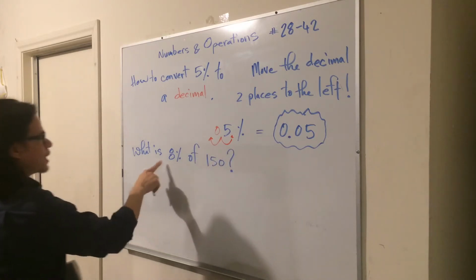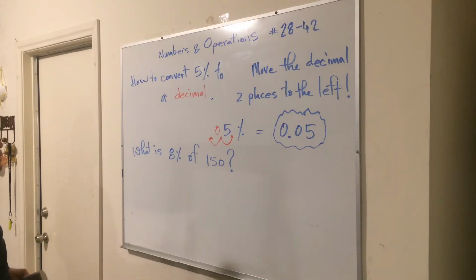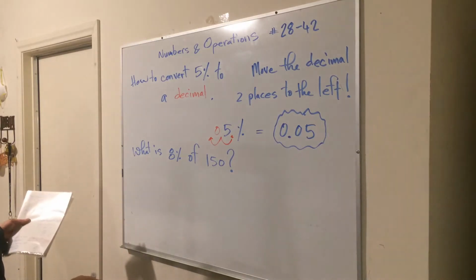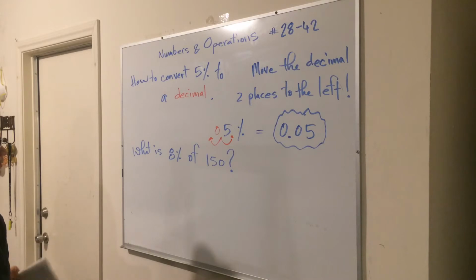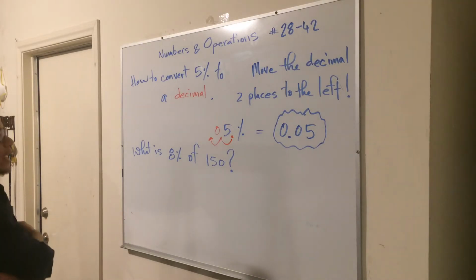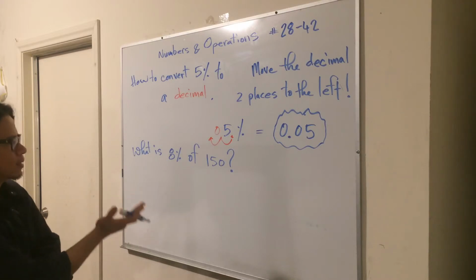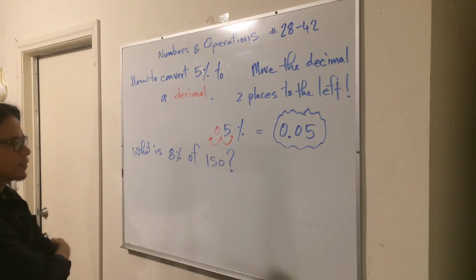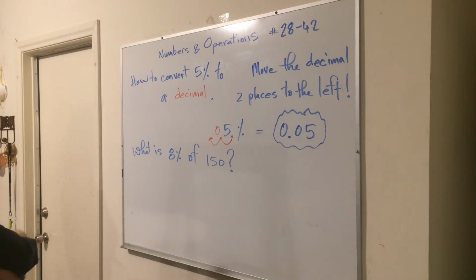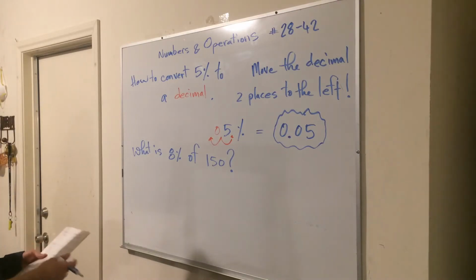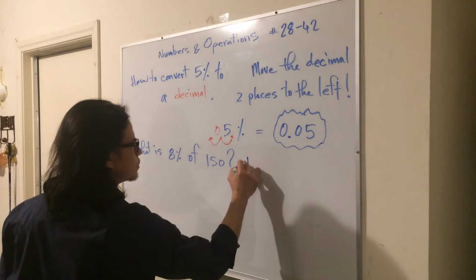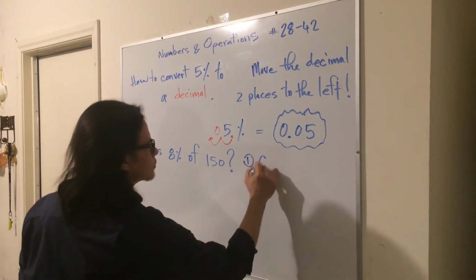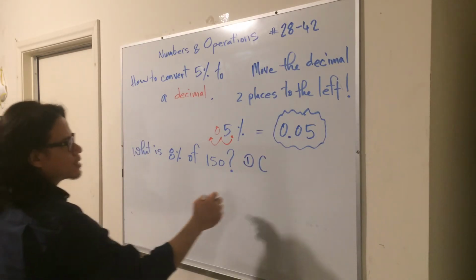What is 8% of 150? 8% of 100 would be 8. But 8% of 150, what would you get? So we can do this in 2 steps. We're going to convert the percent to decimal first.